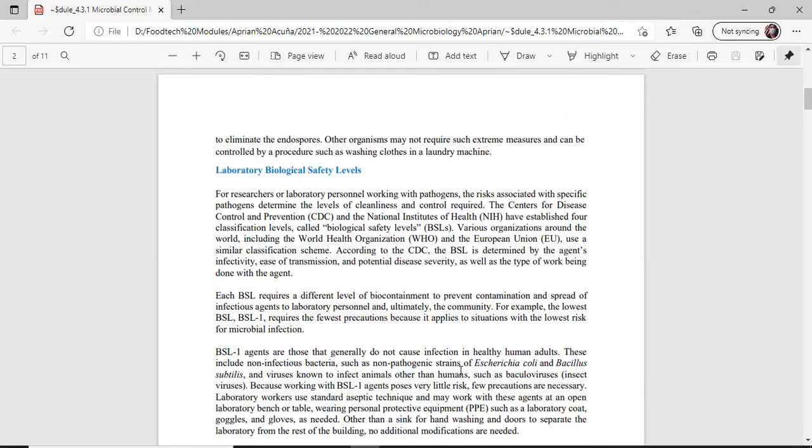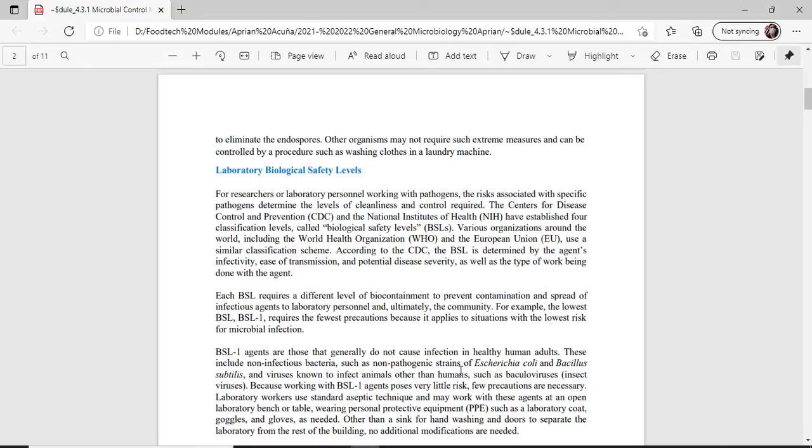Now, sa itong laboratory biological safety levels, okay, for researchers or laboratory personnel working with pathogens, the risk associated with a specific pathogen determines the level of cleanliness and also the control requirement. The Centers for Disease Control or CDC, okay, and Prevention, and also the National Institutes of Health or NIH have established four classification levels called biosafety levels or BSLs.